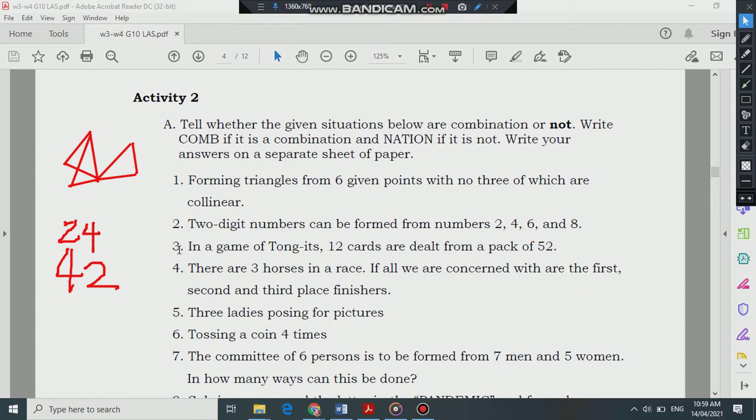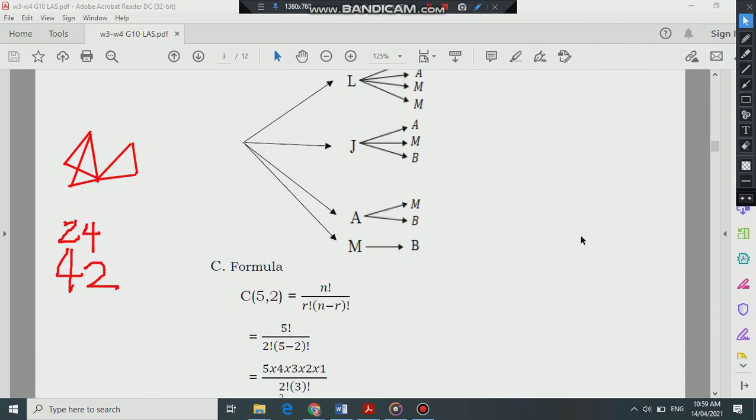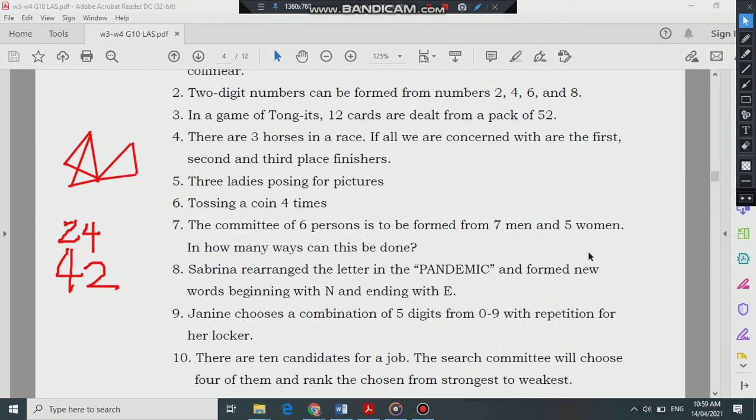Okay, for number 3, in a game of tong-its, I guess all of us, or the majority of you, play tong-its or know what tong-its is. 12 cards are dealt from a pack of 52. So, in a deck there are 52 cards, and 12 cards are taken from the pack of 52 cards.